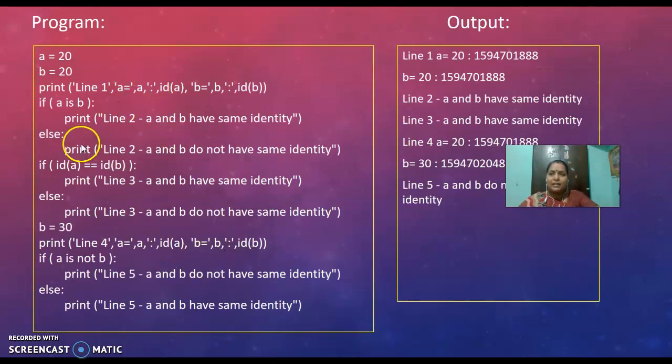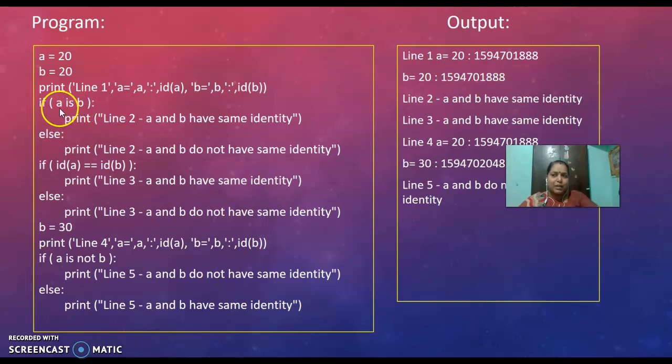So id of x will return the identity of that element x. You can see an example here, a equal to 10 and b equal to 20. Print line 1, a equal to the value of a followed by the identity of a, and b equal to the value of b followed by the identity of b. You can see the output statement here. Line 1, a equal to 20 followed by the identity, and b equal to 20, the identity of b is also shown here.